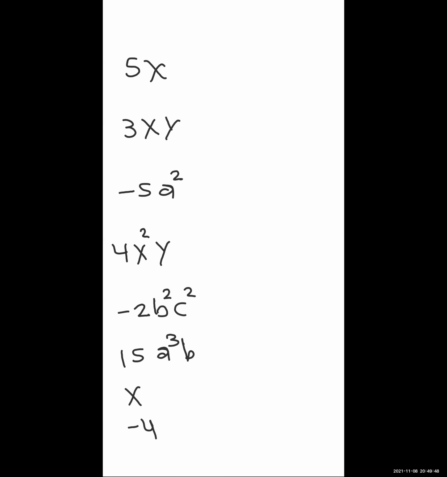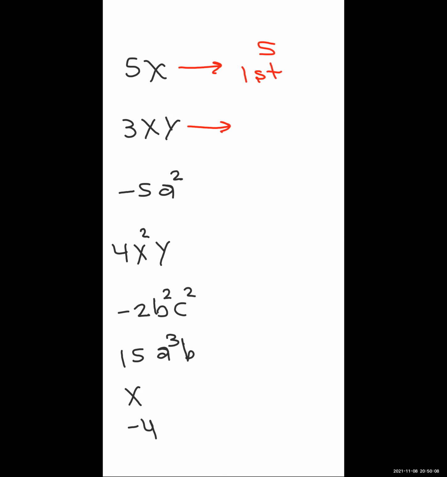In each one, I want to get the coefficient and the degree. The first one, the coefficient, of course, is 5. The degree is 1. Second one, the coefficient is 3.